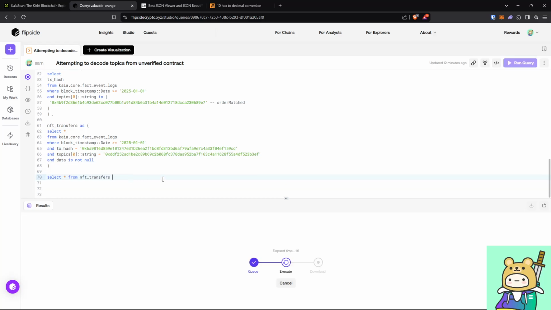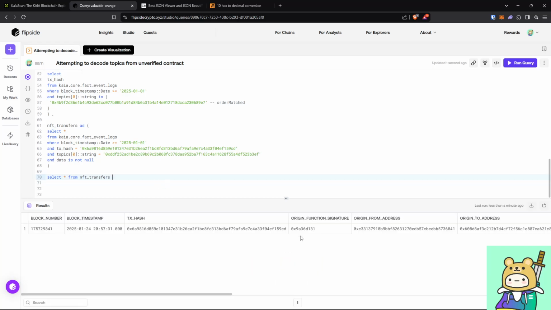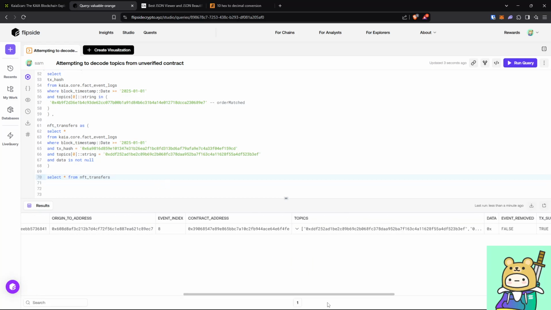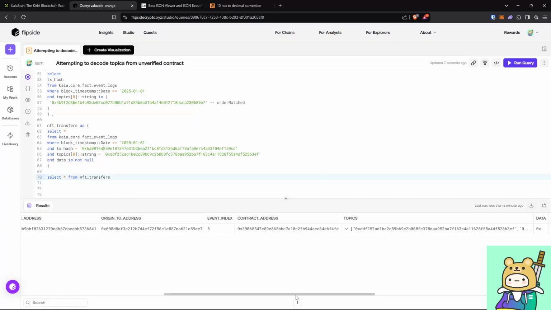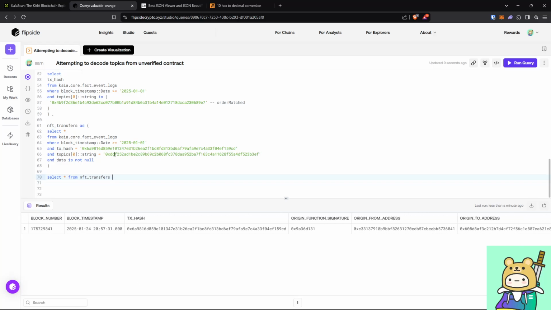See if this is sufficient for an NFT transfer filter. Okay, it is. That's 390. 390 is open. Okay. Verify this.